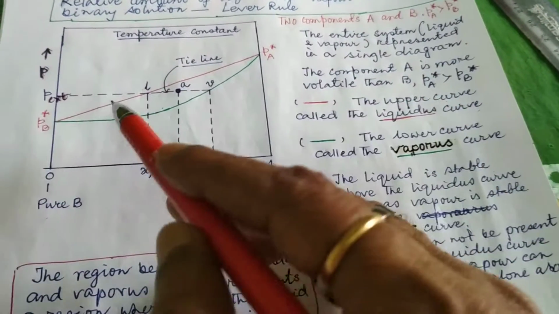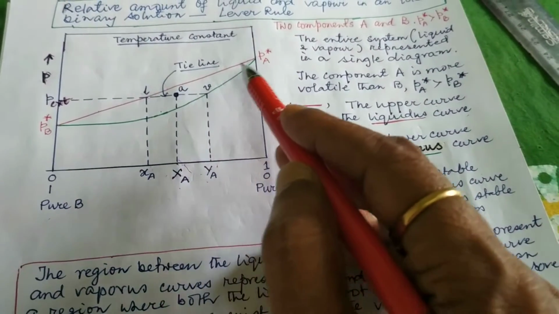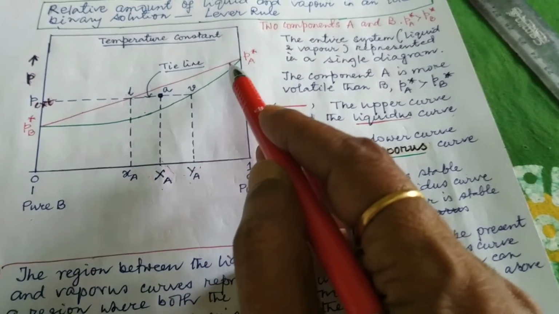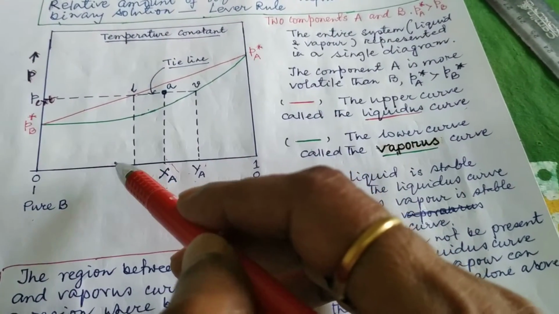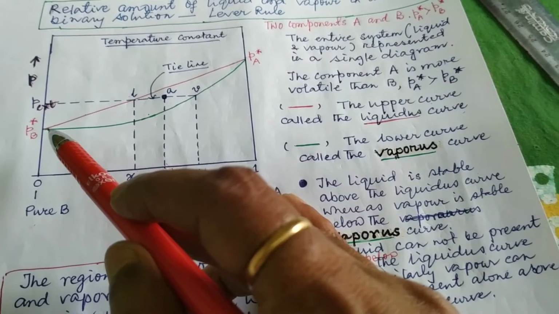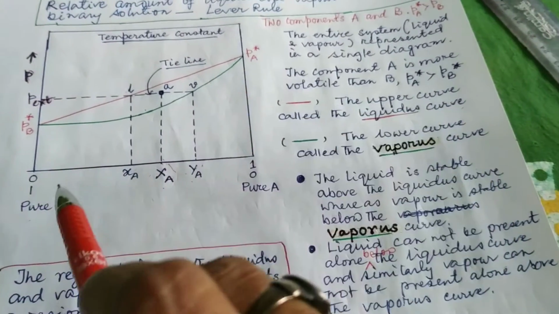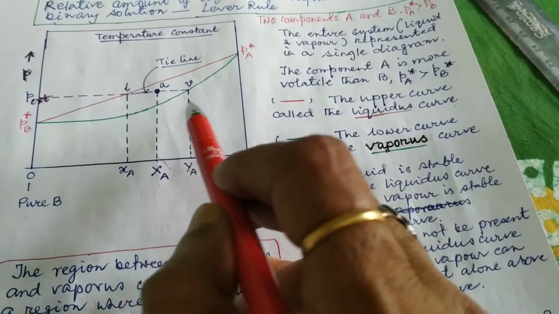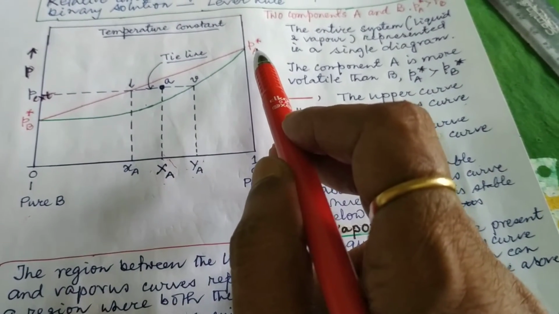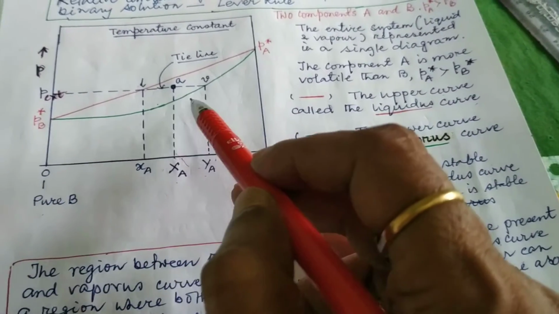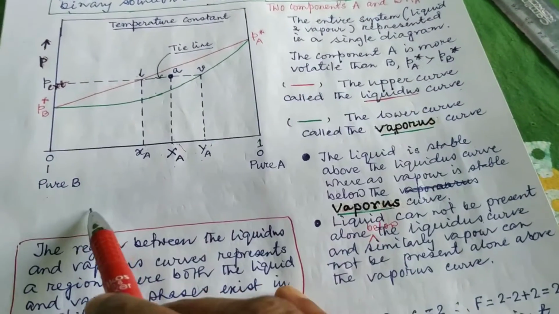Now, this red line, the upper curve, is called the liquidus curve. And the lower curve, the green one, is called the vaporous curve. We have already discussed the liquidus curve and vaporous curve in our earlier class.